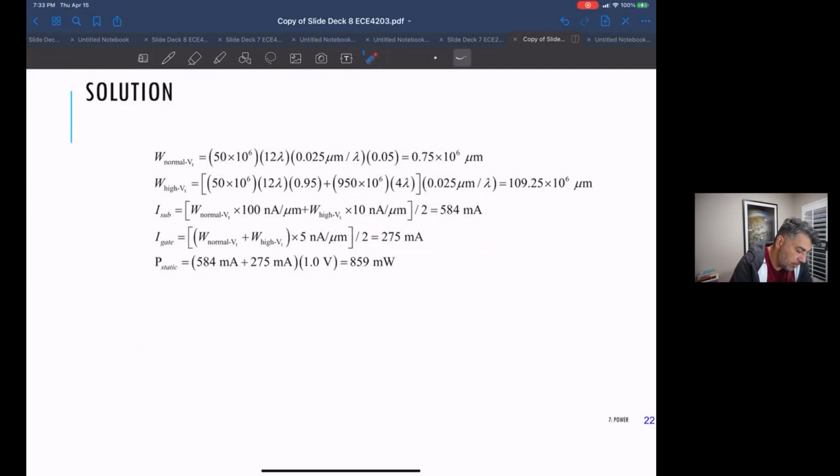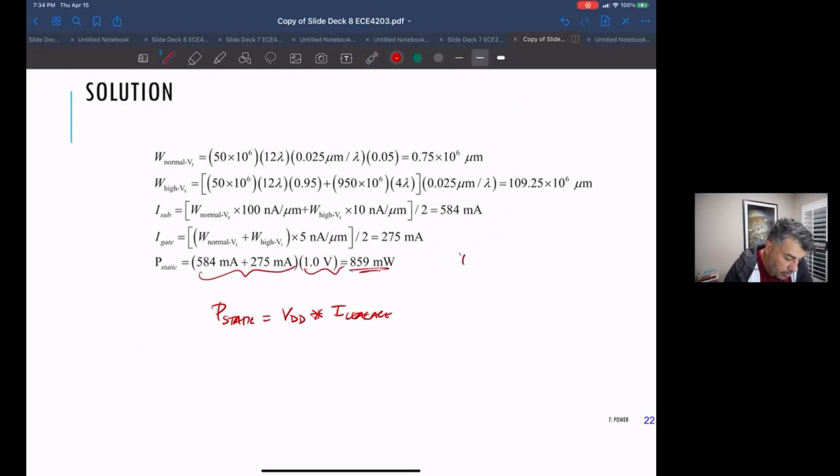Okay, so anyway, we sum all these multiplied by the supply voltage, which was 1 volt in this case, so we get the total current multiplied. So this static power is VDD times total I leakage. This is the I leakage, this is the supply, and we end up with 859 milliwatts.